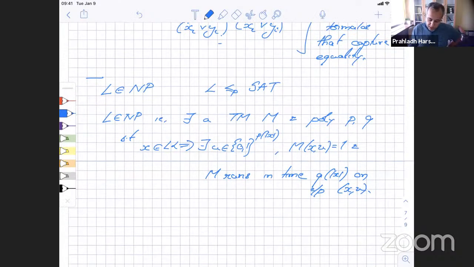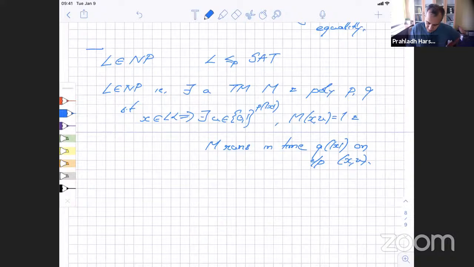Now we want a polynomial time reduction. That means that we need to map x to a formula phi_x such that x is in L if and only if phi_x is satisfiable.